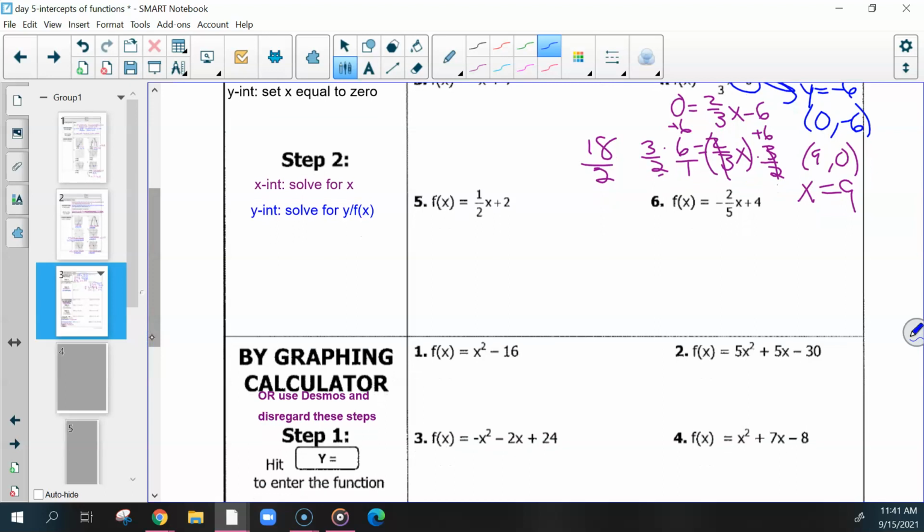Let's step down to 6. Same process. Put 0 in for y, solve for x.